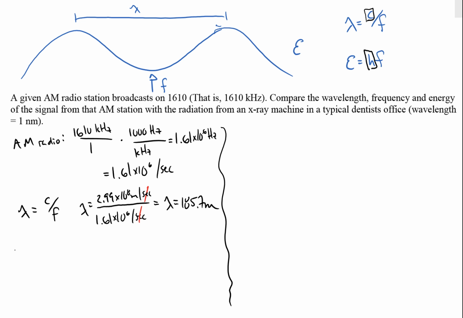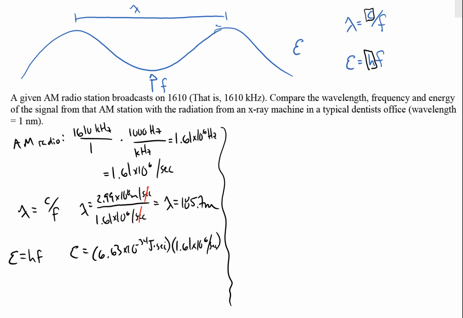Next, I want to calculate the energy of an AM radio wave. E equals hf, energy equals Planck's constant times the frequency. Here, energy equals Planck's constant, 6.63 times 10 to the minus 34 joules times seconds, times the frequency, 1.61 times 10 to the 6th times per second.